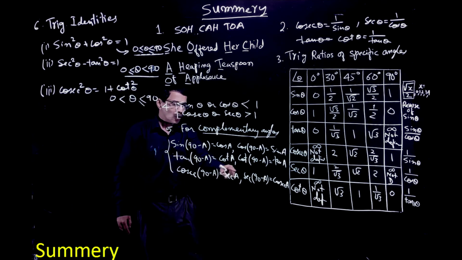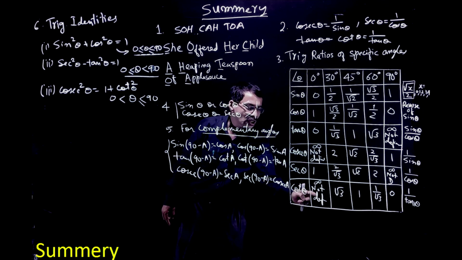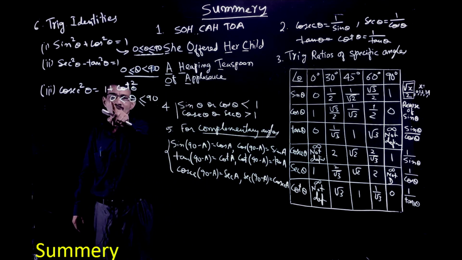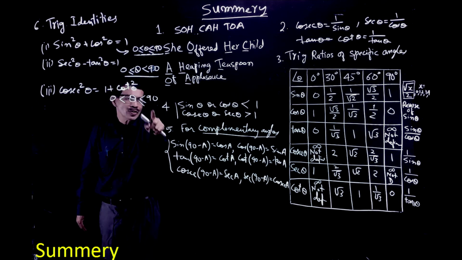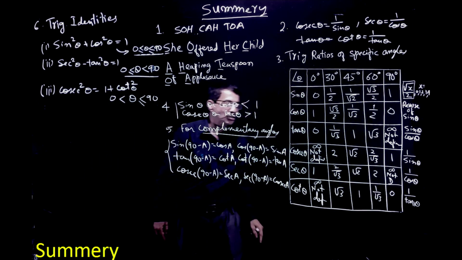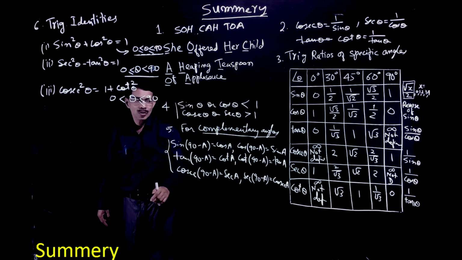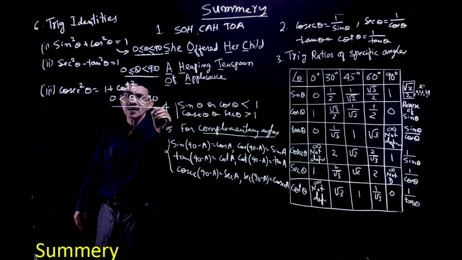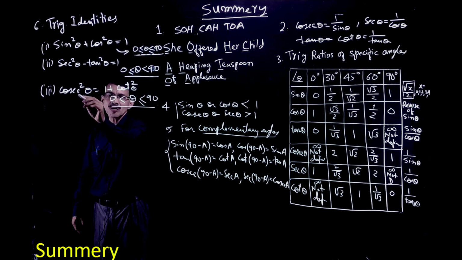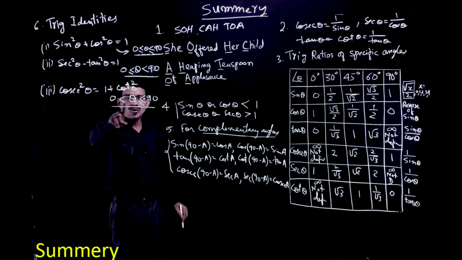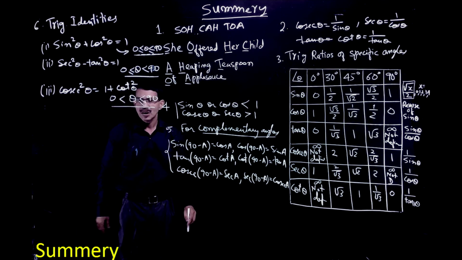You see here, cot of 0 is not defined. So that is why 0 is not included. Whereas cot of 90 is defined, which has value 0. So it is very important to know that this trigonometric identity satisfies for all the angles between 0 to 90 degree, but not inclusive of 0 degree, but inclusive of 90 degrees.